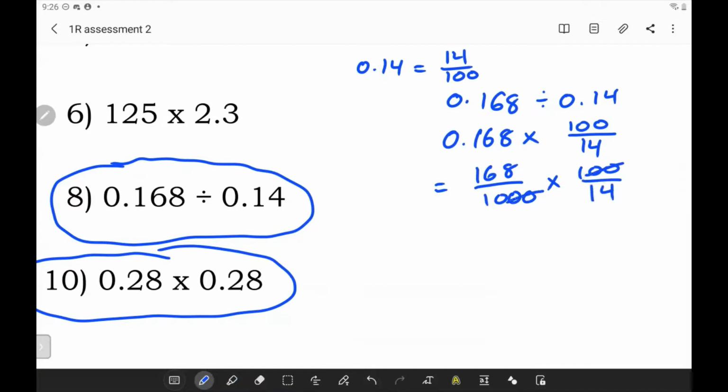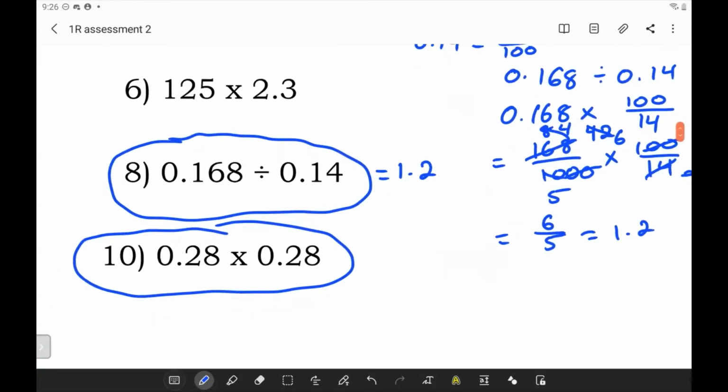Right, we could do some cross division. 2 into 14 is 7. 2 into 168 is 84. 2 into 84 is 42. 2 into 10 is 5. 7 into 7 is 1. 7 into 42 is 6. So all in all, this works down to be 6 over 5, or we can write that as 1.2. Okay, so this is 1.2. So I would recommend going over that to make sure that you understood what went on.